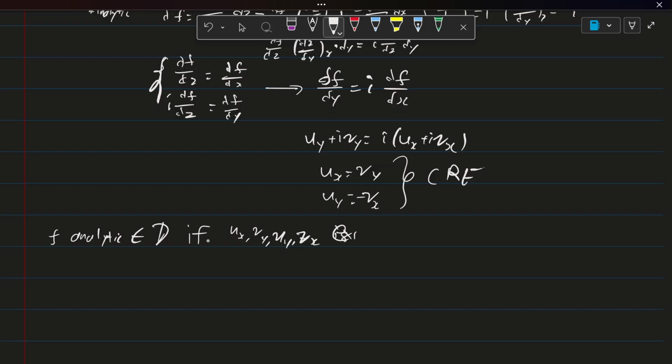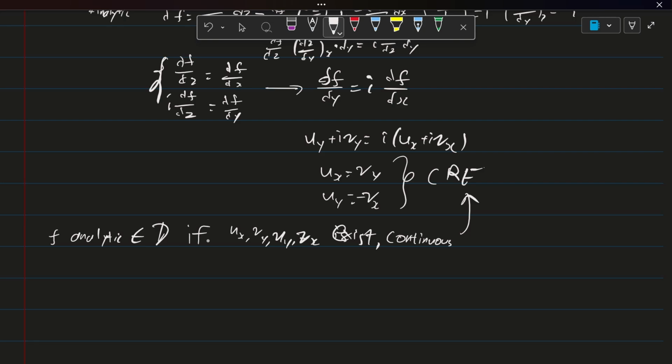That's the first criterion. The second is that they have to be continuous, because if it is not continuous, it could have a jump, which would mean that one of the derivatives would be going towards infinity, and this is not really allowed. And lastly, it needs to obey the CRE, as the CRE literally defines what it means for a function to be analytic or not.